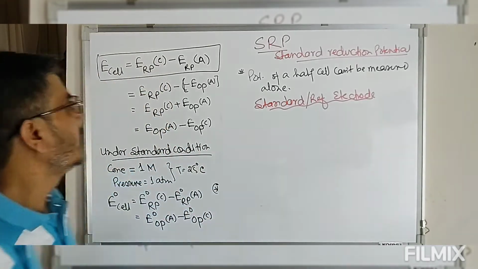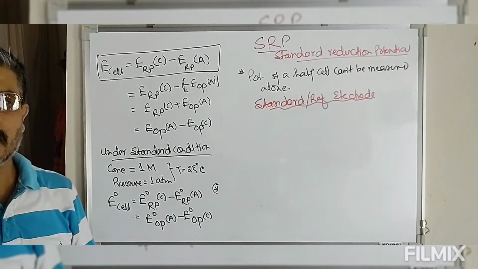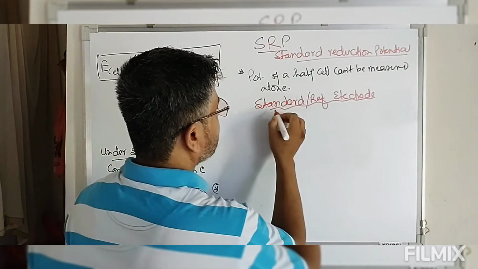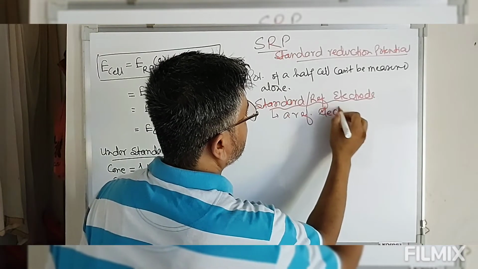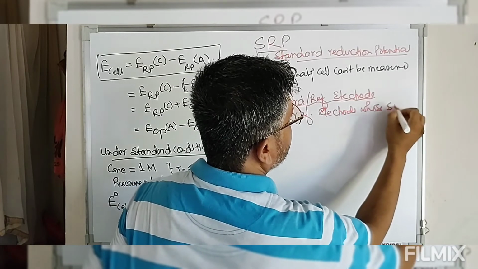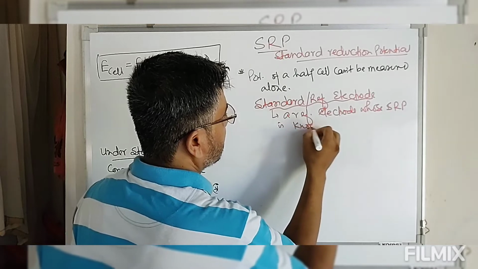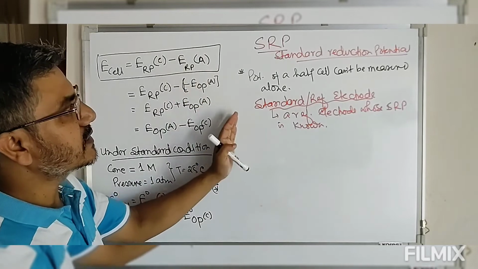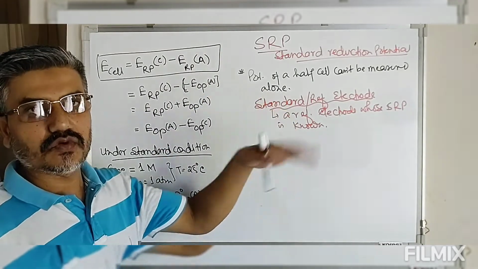From the cell potential we have this value, and by use of this value we can define the standard potential of the unknown half cell. So this is a reference electrode whose standard reduction potential is known.